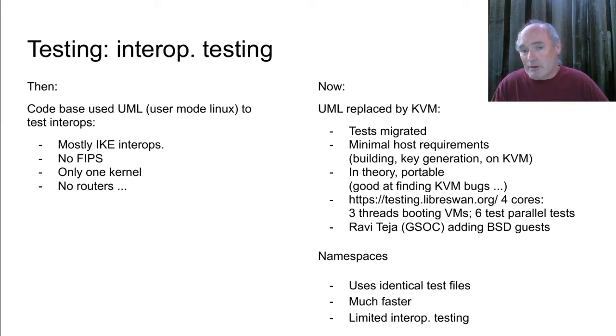There's now some scripts, you just get a machine, Linux, and you install a minimal amount of things, KVM notably, and then you do a KVM install, spins up all the KVMs for you, and everything happens on the KVM. Libreswan's built on a KVM, keys are generated on a KVM, everything's on a KVM.